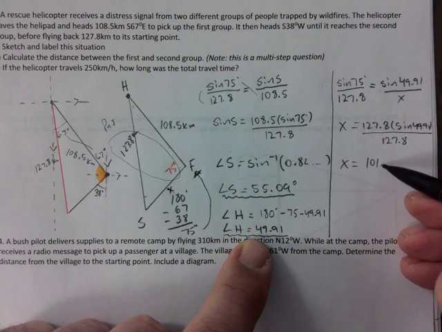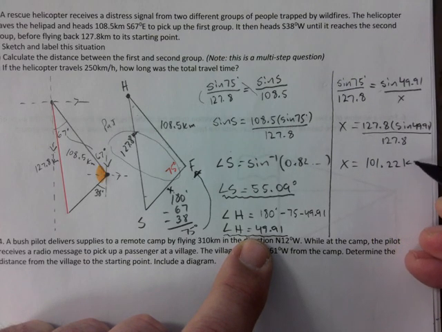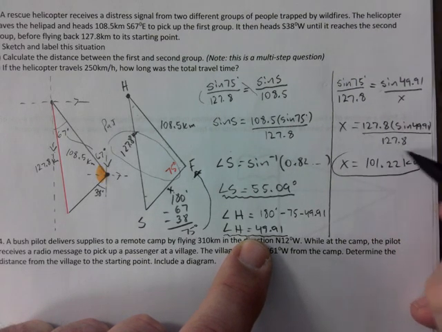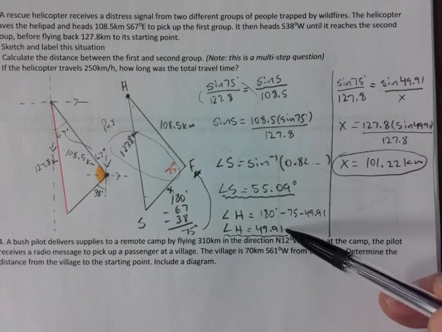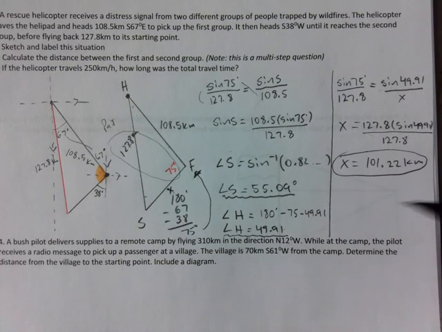And that is 101.22 kilometers. Which is the shortest side, and it's across the smallest angle. So we are good. We're in business, right?